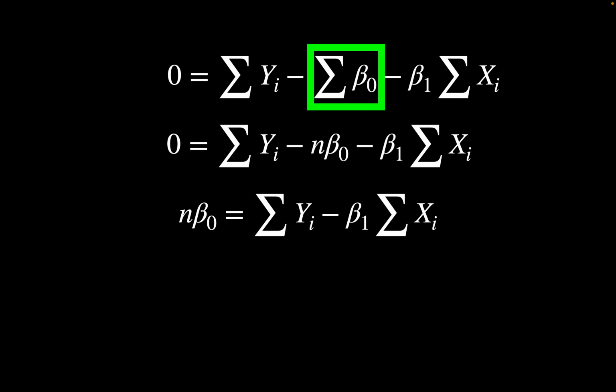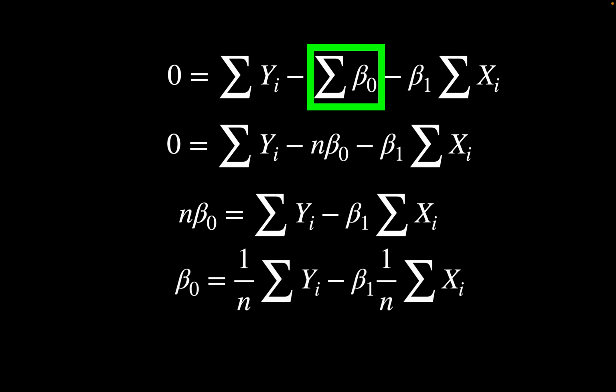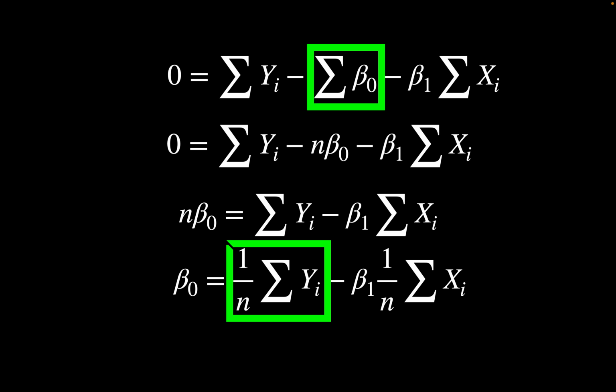Now we can move our n beta 0s over to the other side and then divide by n, or multiply by 1 over n. If you notice, what this gives us right here is the average of the y values, or the mean of the y values. And what this gives us here is the average of the x values, or the mean of the x values.